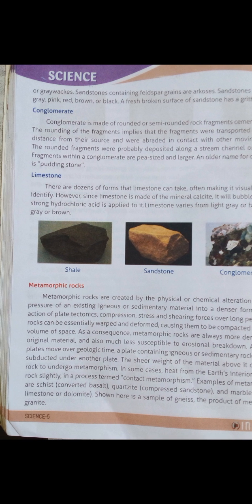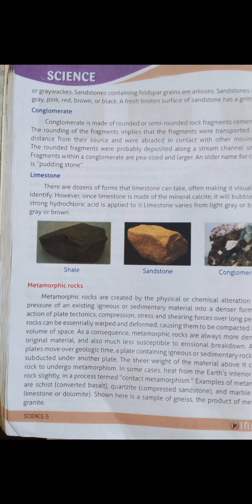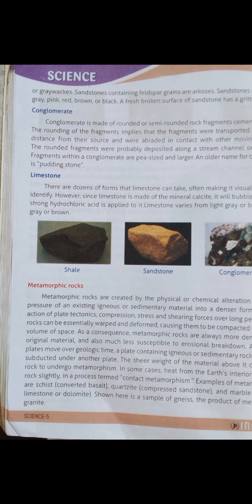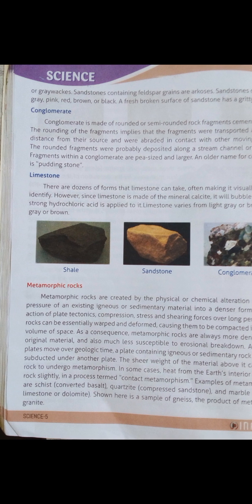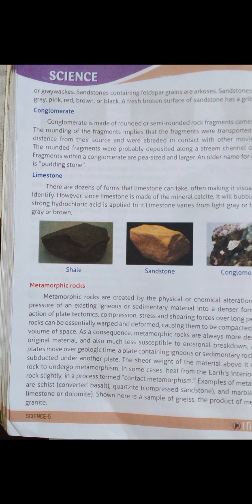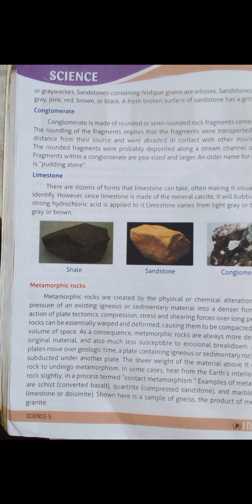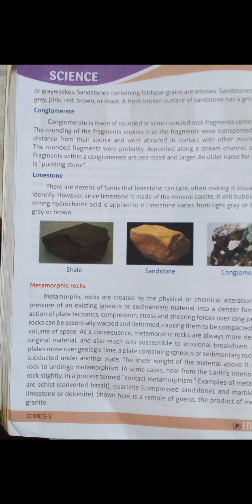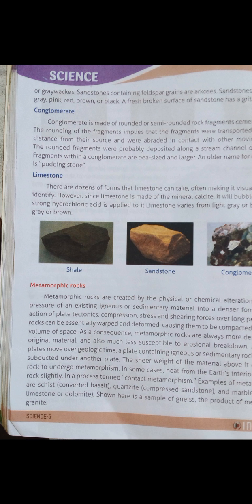Due to the action of plate tectonics, compression, stress, and shearing forces over a long period of time, rocks can be warped and deformed, causing them to be compacted into a smaller volume of space. As a consequence, metamorphic rocks are always more dense than their original material and less susceptible to erosional breakdown.